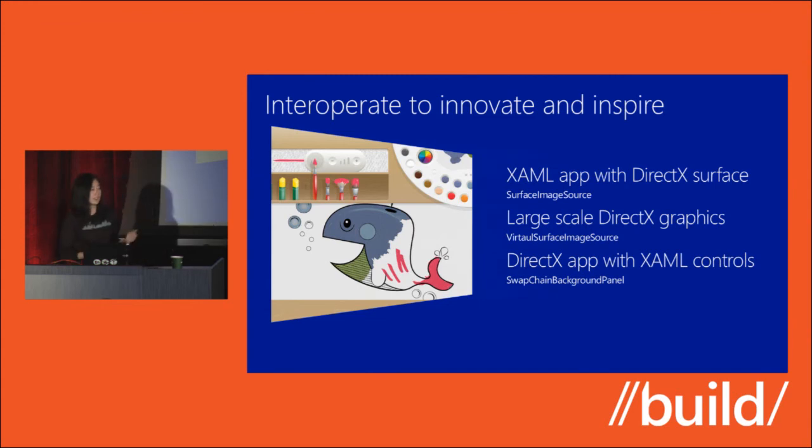In this case, you're going to use the swap chain background panel control, and you still control when to present, when to update. You still get the interactive experience, but you also get the benefits of having XAML to help you generate some controls. So I just wanted to run an app just to show you an example of that.